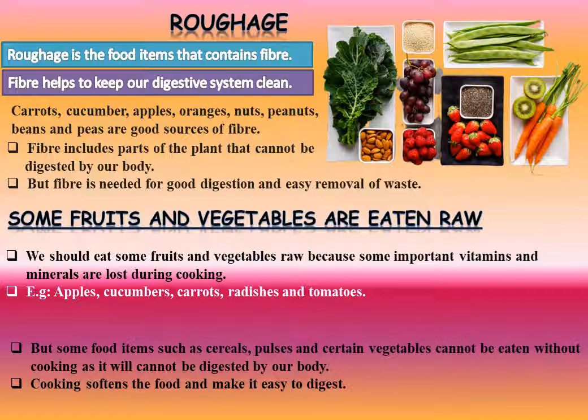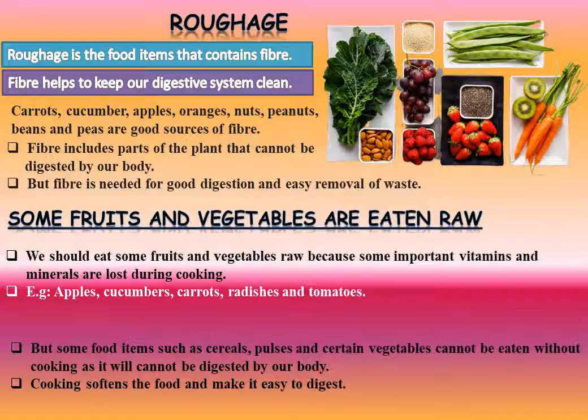Now, the next important point is that some food items like fruits and vegetables should be eaten raw. Eaten raw means without cooking, that is, directly you can eat. Such food items are called raw items. Example, apple, cucumber, carrot, tomatoes can all be eaten raw.